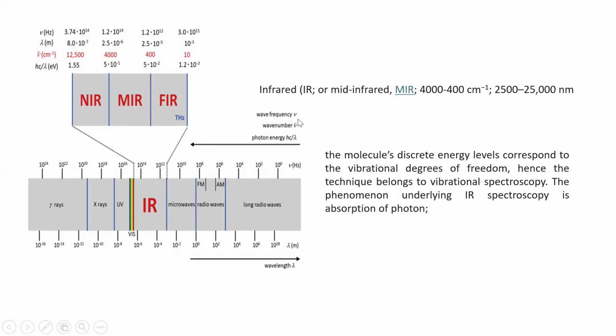Wave frequency is denoted by a small v, wave number by v bar, and photon energy by hc by lambda. So these are the three concepts which are going to be applicable to any atom within a molecule, the bonds to it, and vibrational energy can be calculated based on that. So NIR, that is near infrared, mid infrared, and FIR, that is how we have it. If you see the range specifically, 4000 to 400 is mid IR.